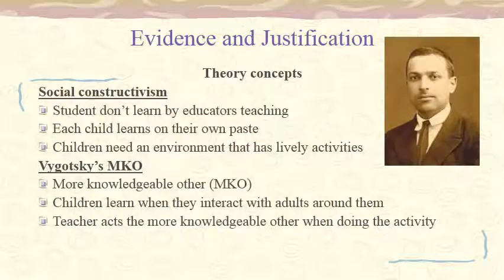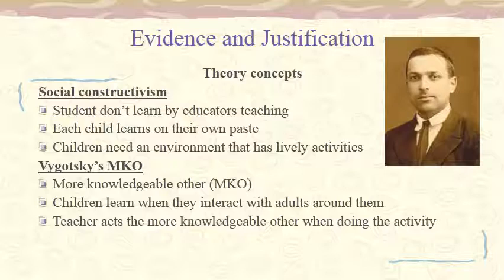Second theory, social constructivism. Vygotsky stated that learning is built on children's interaction with other kids, which means that each child's learning outcome is different to the other children, and thus is significant. Teachers make their classroom a space that supports lively learning.